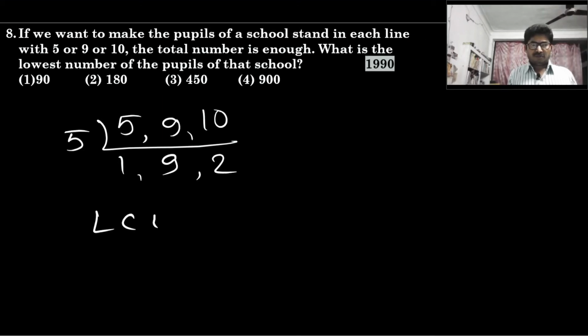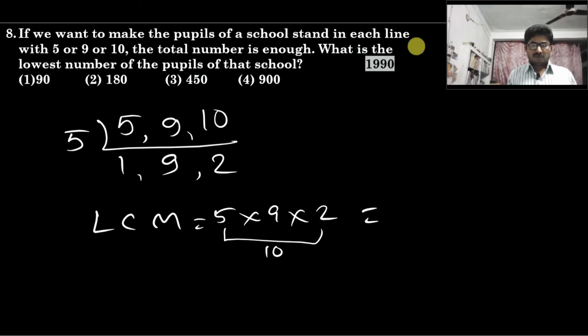So LCM of these numbers is 5 into 9 into 2. First we have to find this. So 9 tens are 90. After 9 we have to keep 0. So 90. Option 1. So the lowest number of pupils of that school is 90 students.